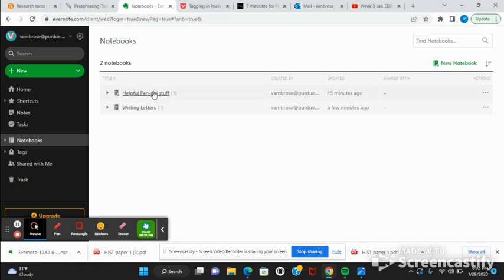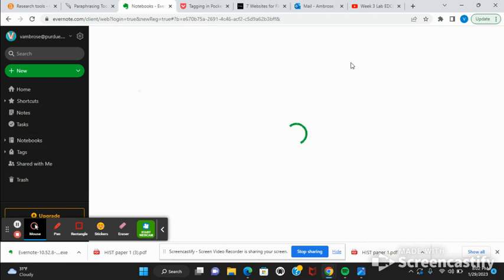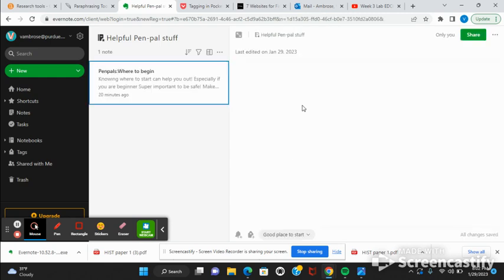So here we have my first notebook. I made a little tag here, just a good place to start for beginners.